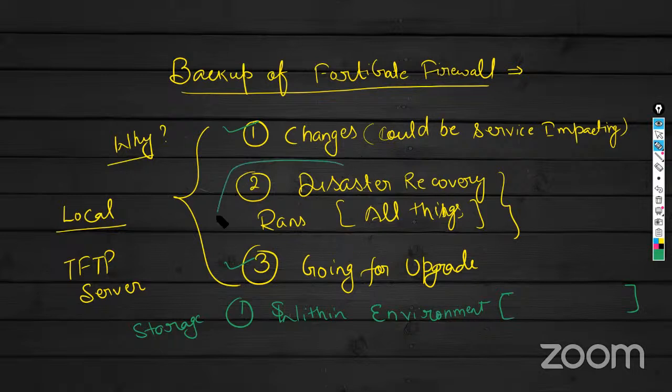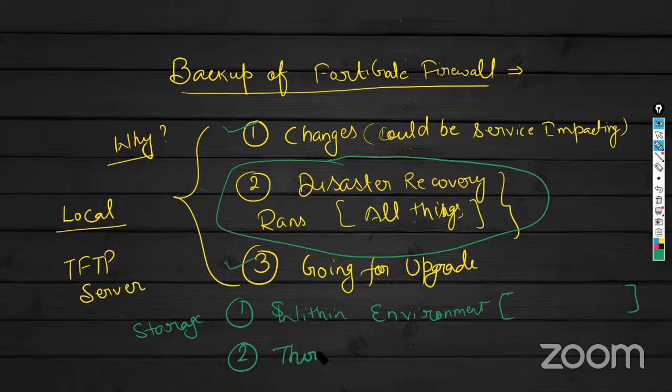But what about the case of disaster recovery, or a ransomware attack? In those scenarios it could be that all your files within your network or within your organization also get encrypted, and you're not able to restore them. How will you get your backup in such a scenario? In that case, you store your backups with a third party.